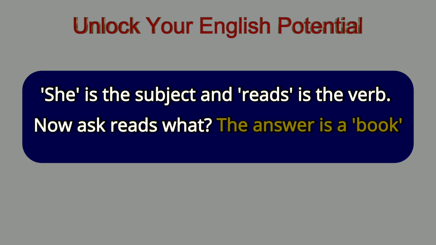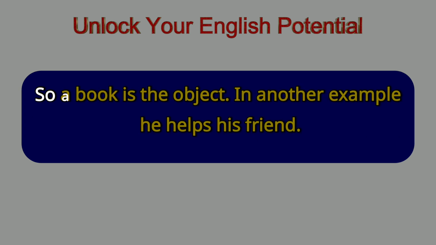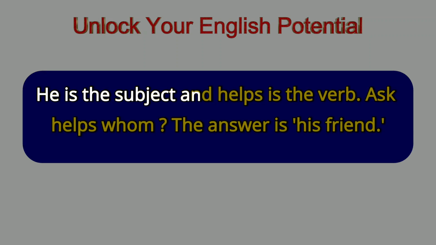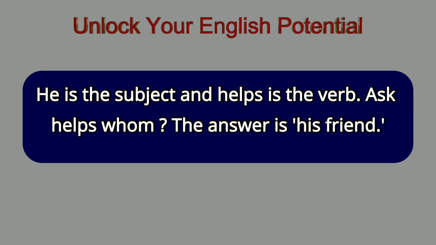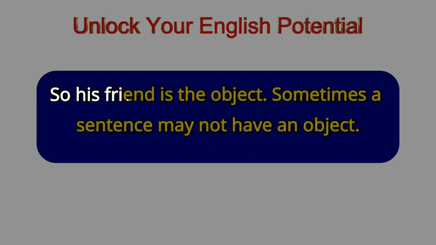Now ask, reads what? The answer is a book, so a book is the object. In another example, "He helps his friend," he is the subject and helps is the verb. Ask, helps whom? The answer is his friend, so his friend is the object.